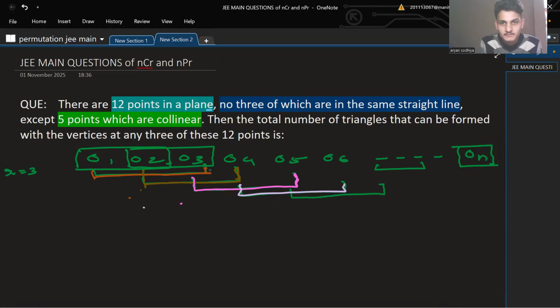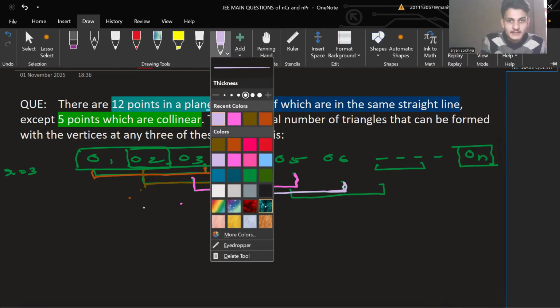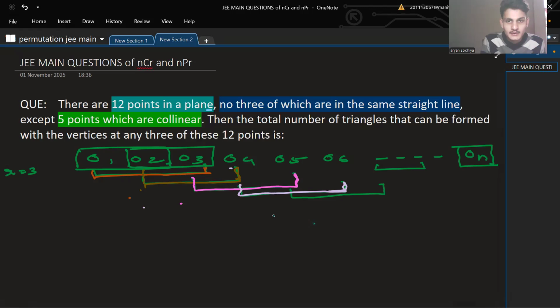In this manner, many groups are possible. Using this color, there is one more group.